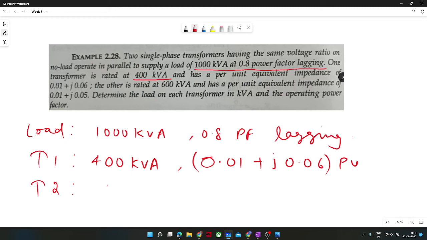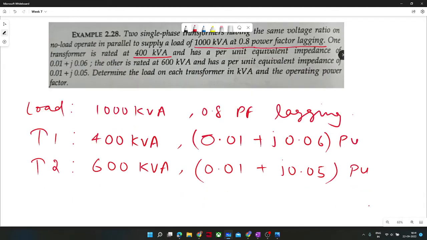Again, transformer 2 has a rating of 600 kVA and per unit impedance of 0.01 plus j0.05. So you can see here impedances are different, and ratings of transformers are also different.